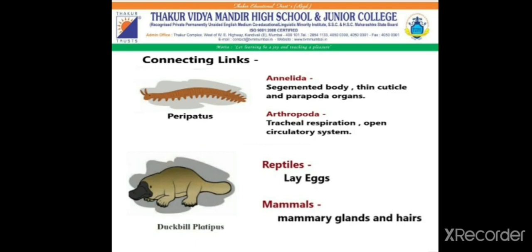Duckbill platypus is an animal which shows the characteristics of reptiles, such as laying eggs, and the characteristics of mammals, that is, it has mammary glands and hair. So this animal shows the characteristics of both reptiles as well as mammals.